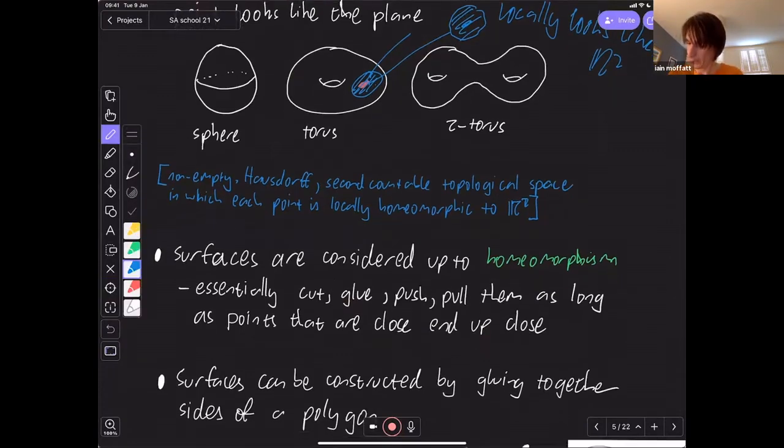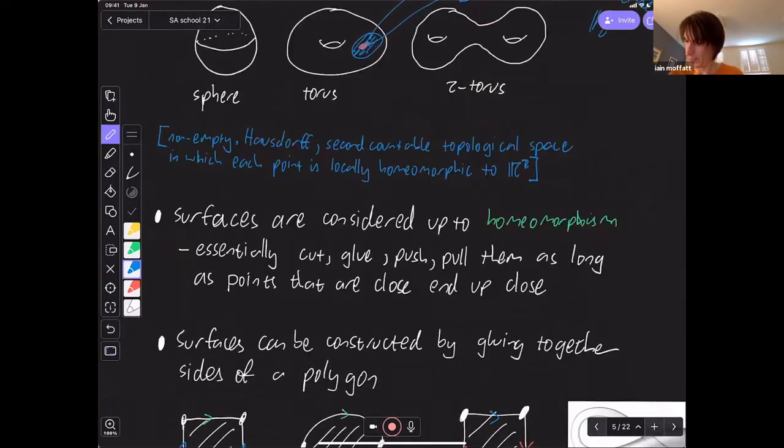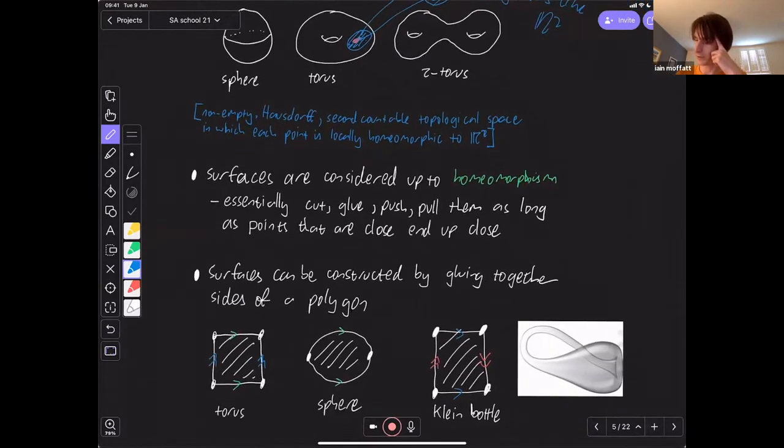Okay, so up here, we had our three surfaces: the sphere, the torus, and the two-torus. It's useful to not draw these in 3 dimensions, but to remember that we can construct surfaces by gluing together the sides of a polygon.